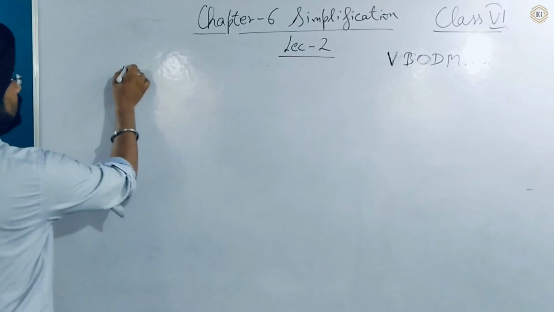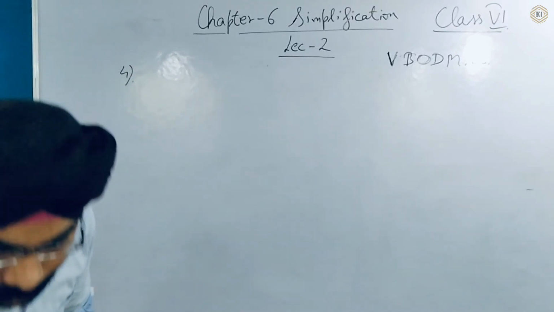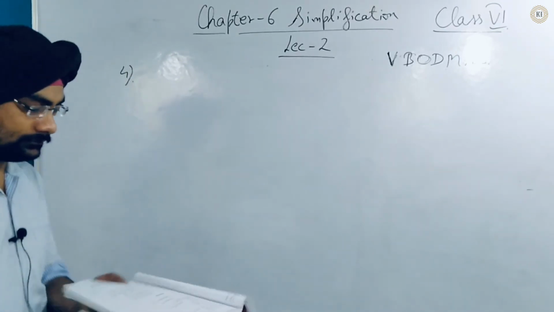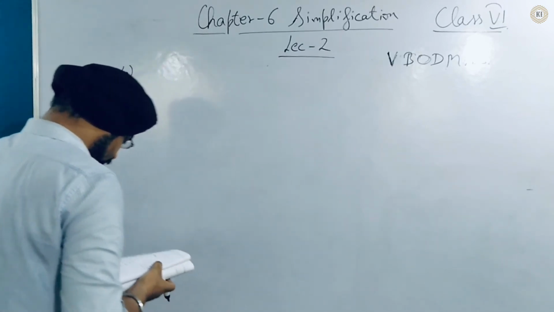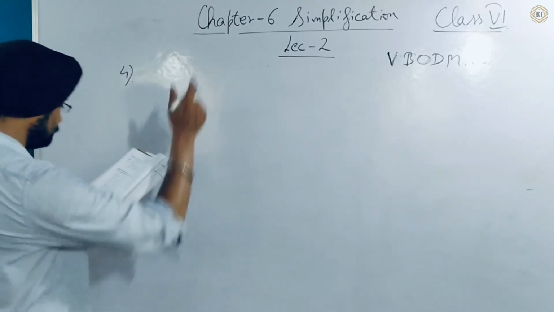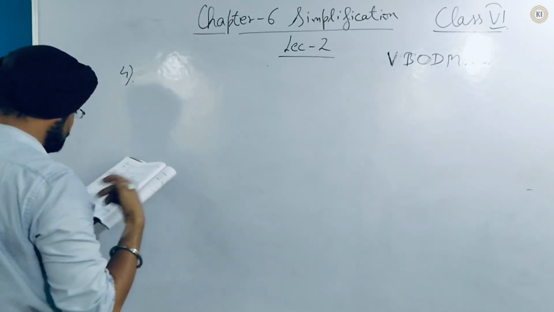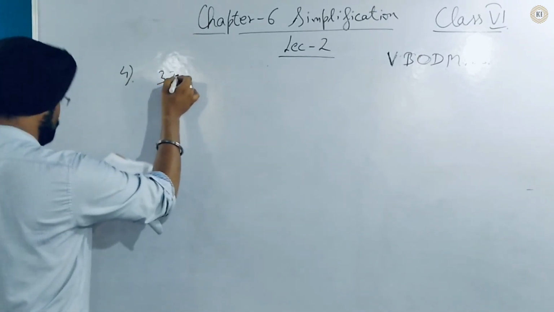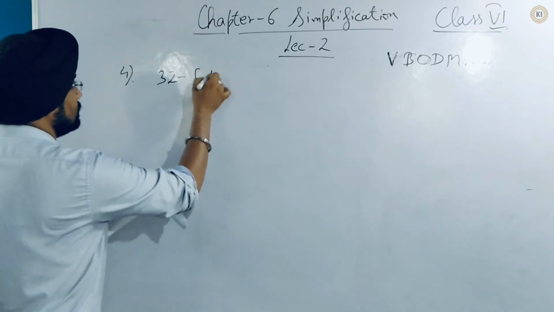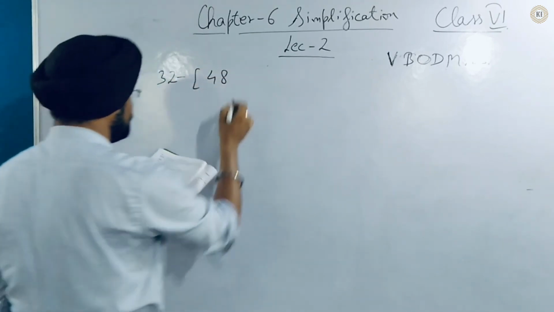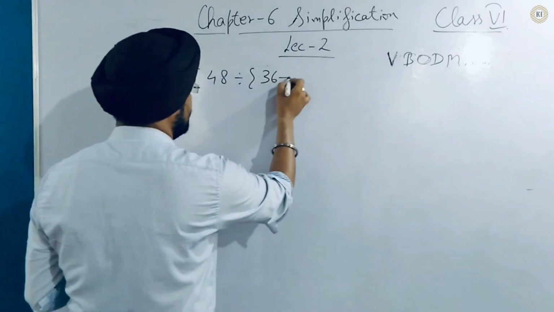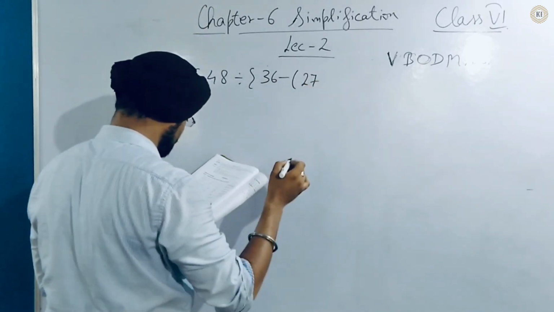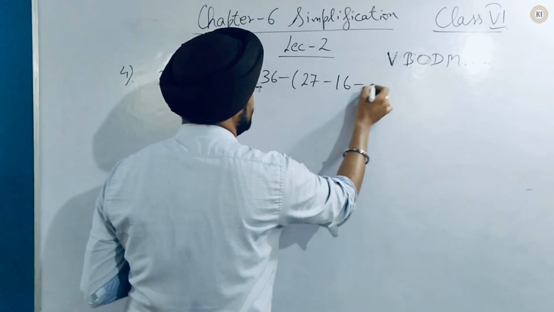Now question number 4. It is given as 32 minus 48 divide 36 minus 27 minus 16 minus 9.